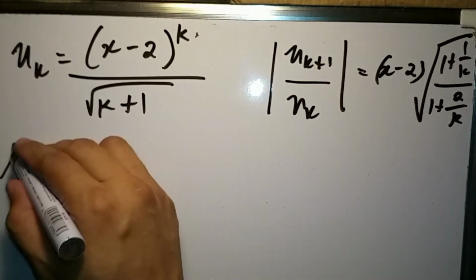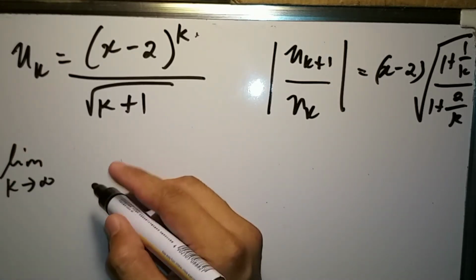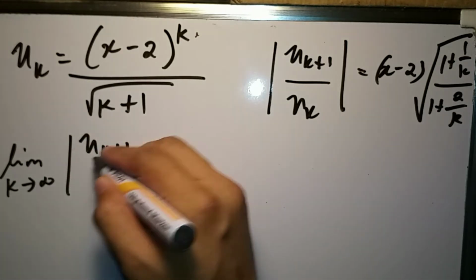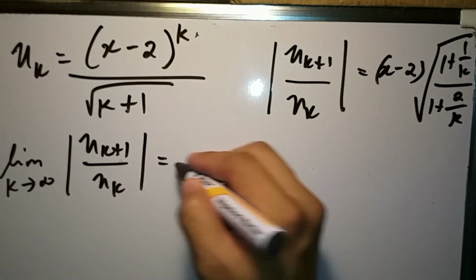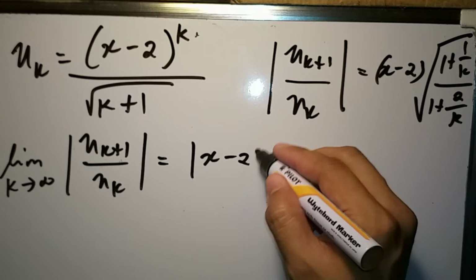Now if we take the limit as k approaches infinity, we will get the absolute value of x minus 2.